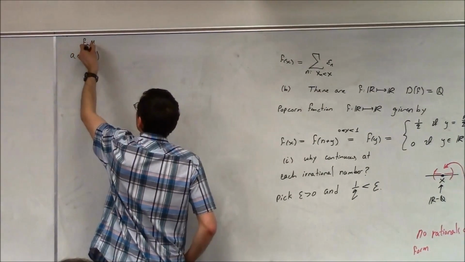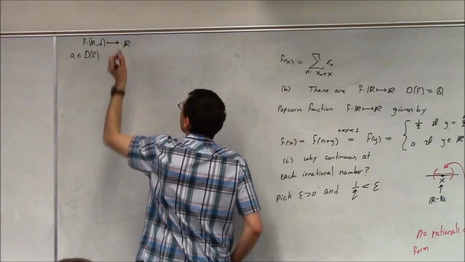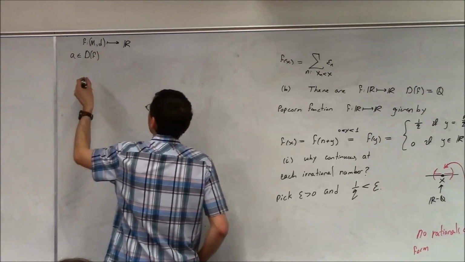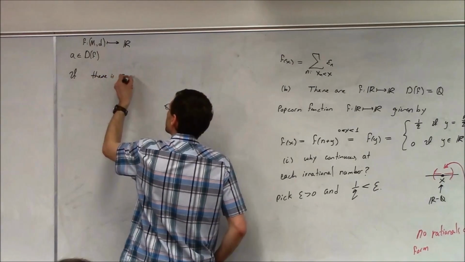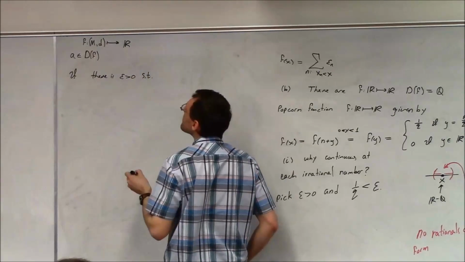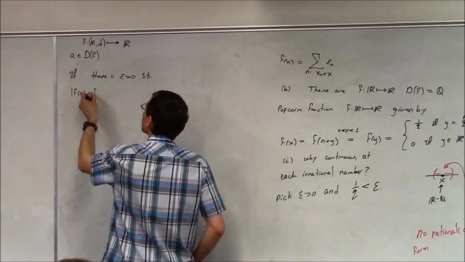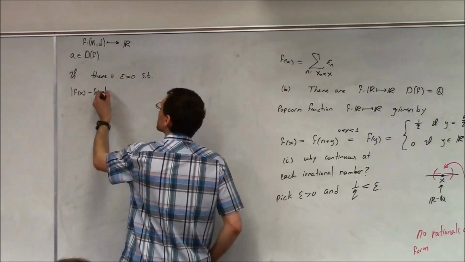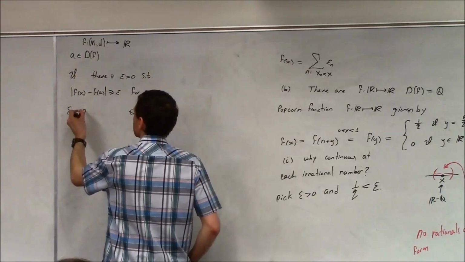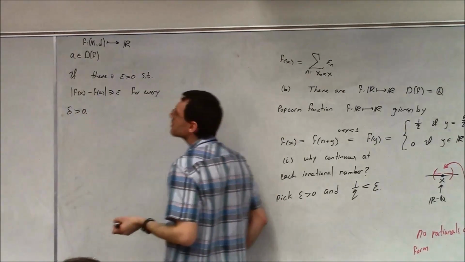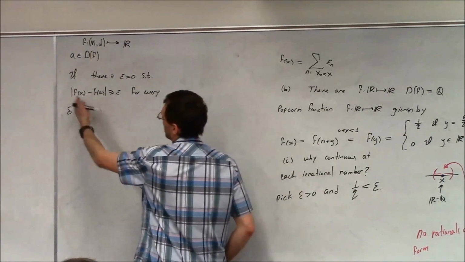Here f is, let's take it as a function from the metric space M into R. And then we say that a belongs to the set of discontinuities of f if there is epsilon bigger than 0, such that the absolute value of f of x minus f of a is always bigger than or equal to epsilon, for every delta bigger than 0. Right? That's just basically the reverse of the delta epsilon definition. It fails. You cannot construct a delta as a function of epsilon and make this arbitrarily small.